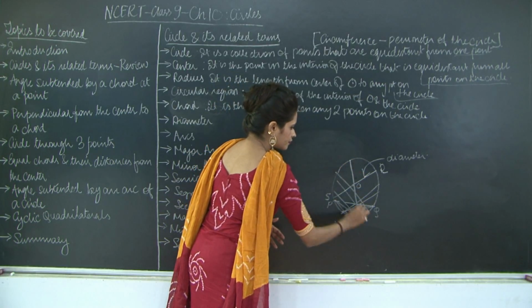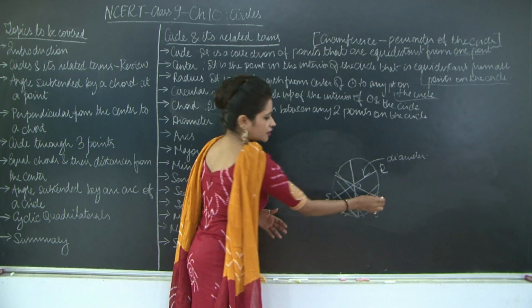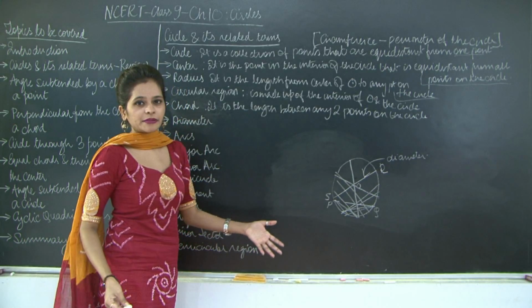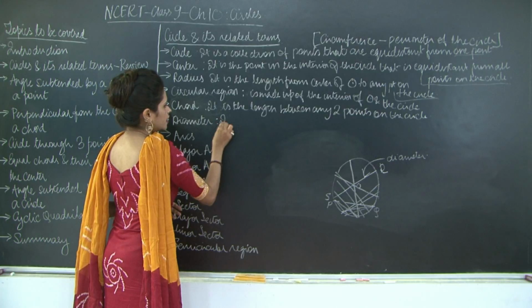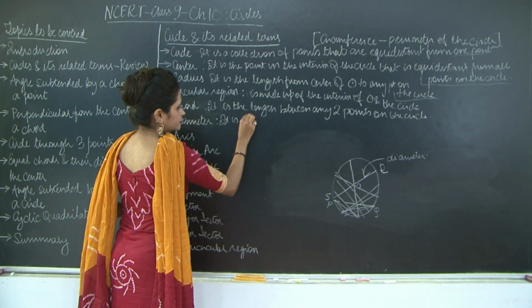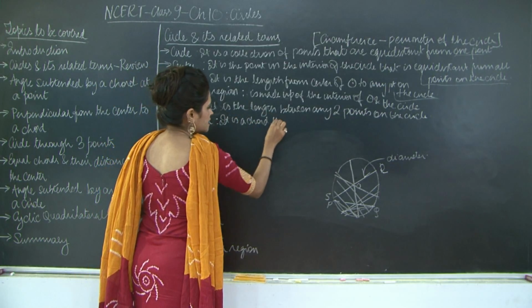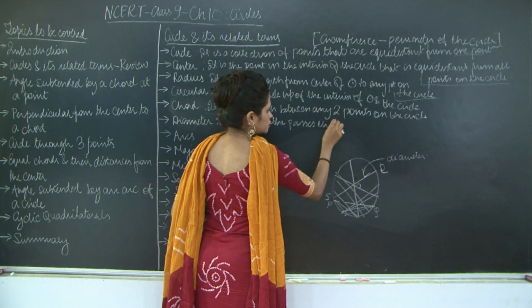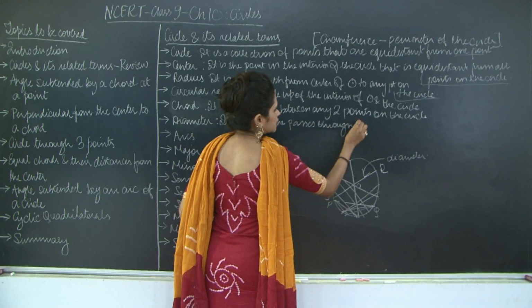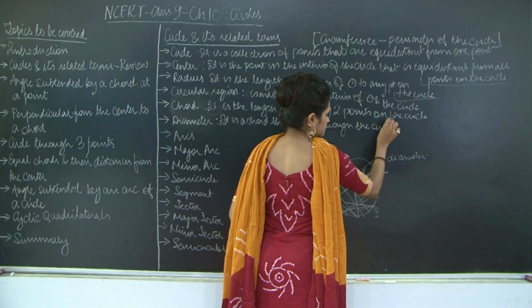See, right? And the length of your diameter is twice the radius. So what did we learn about diameter? It is a chord that passes through the center of the circle.